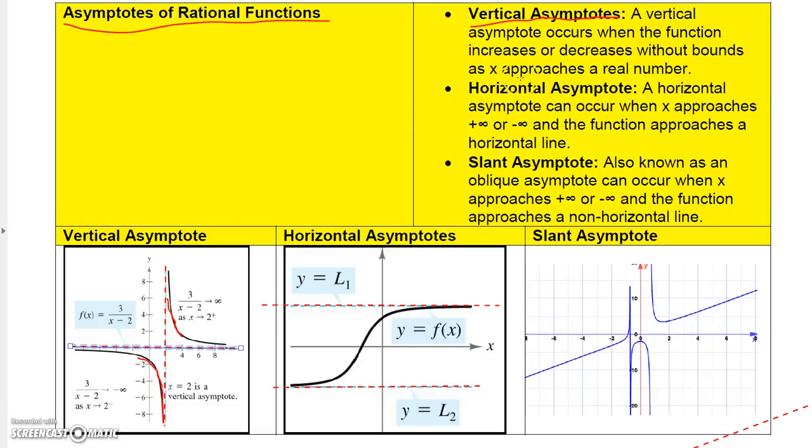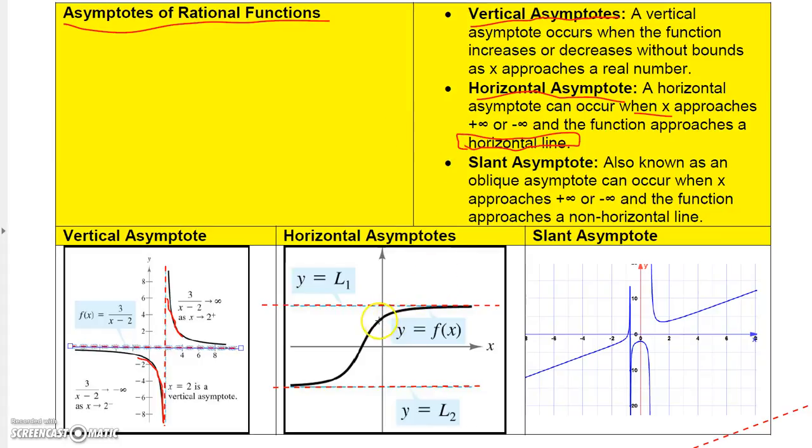Now, a horizontal asymptote is going to occur when x approaches plus or minus infinity and the function approaches a horizontal line. In other words, as x goes to infinity, the function gets closer and closer to a number, because a horizontal line would be some number, like y equals 5 or y equals 6 or y equals 1.